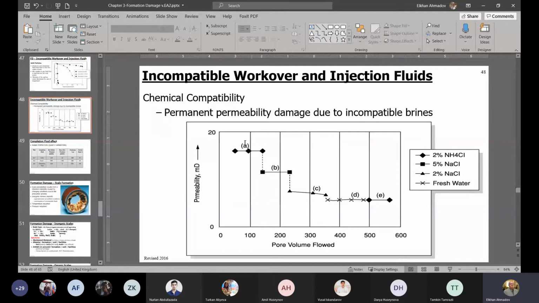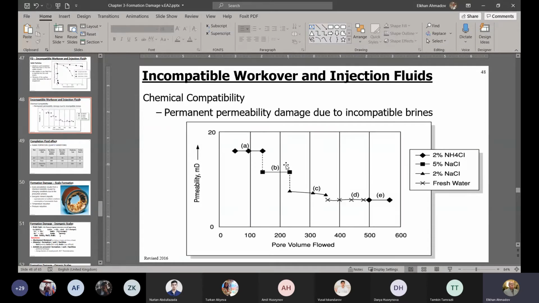Then we inject into the same core or rock volume the completion fluid or workover fluid with 5% sodium chloride.